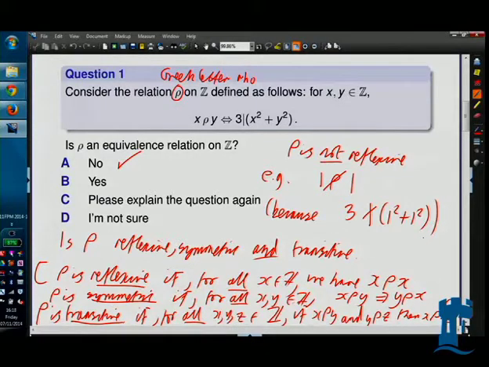It is symmetric and it is transitive, which is a bit odd. The symmetric is easy because x squared plus y squared equals y squared plus x squared. So I would say it's clearly symmetric.